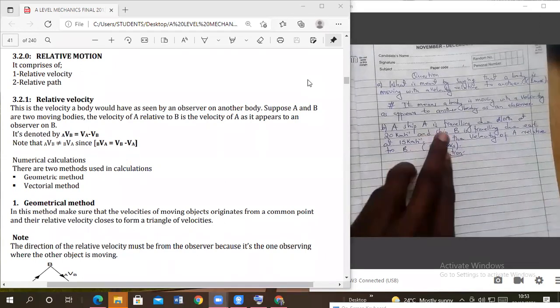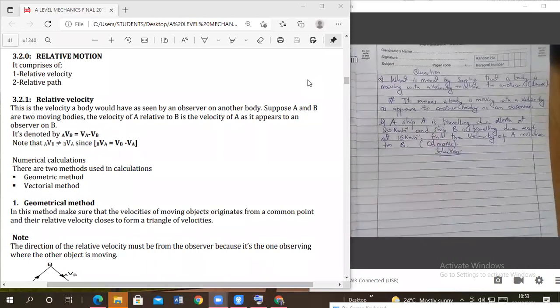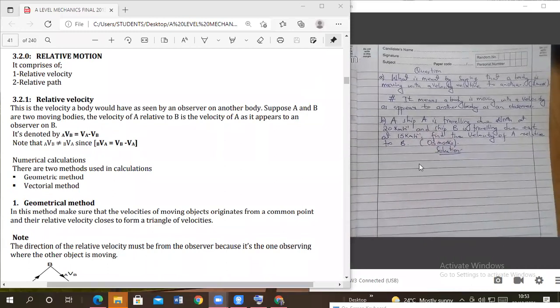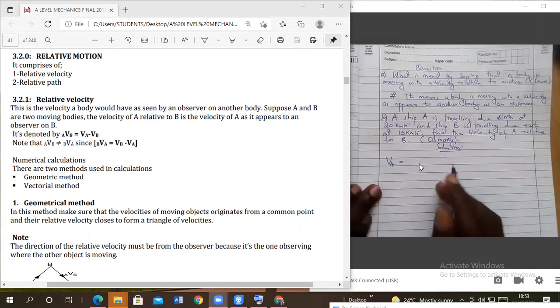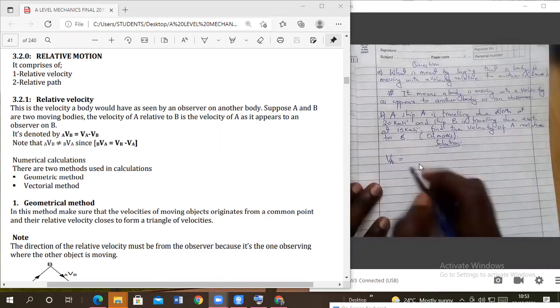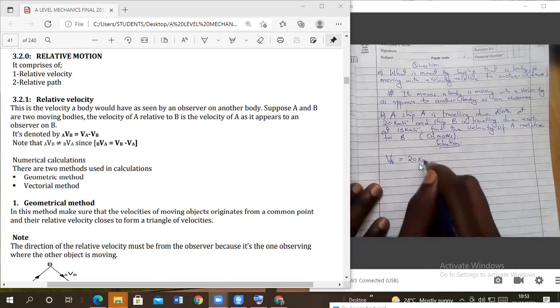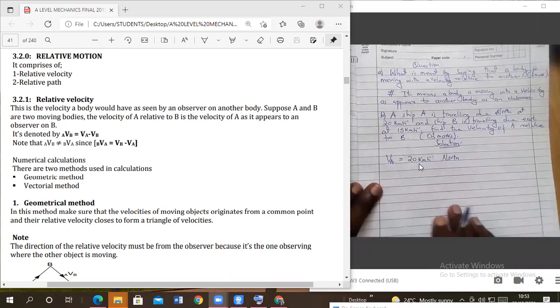So they're saying ship A, this is the relative velocity. VA was given to be 20 kilometers per hour, due north.